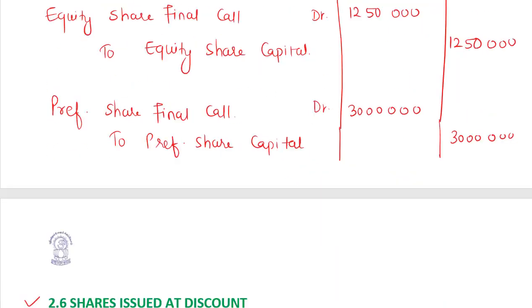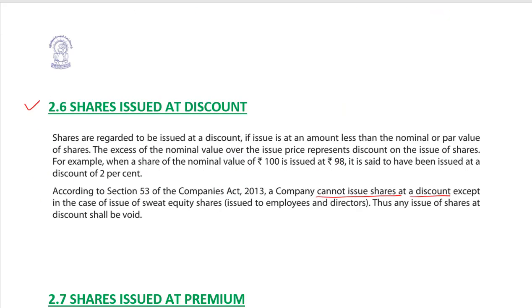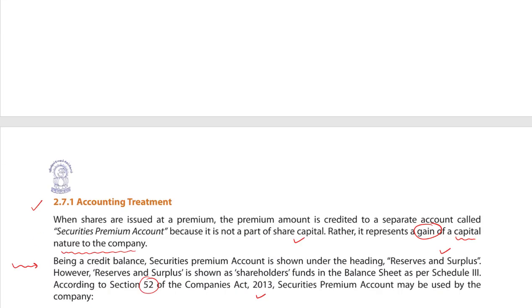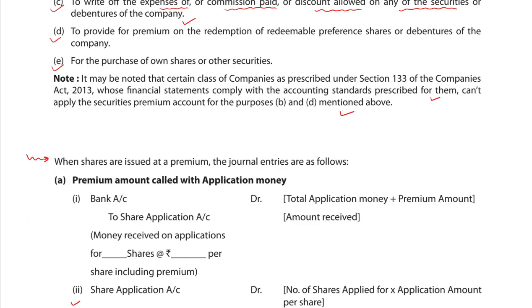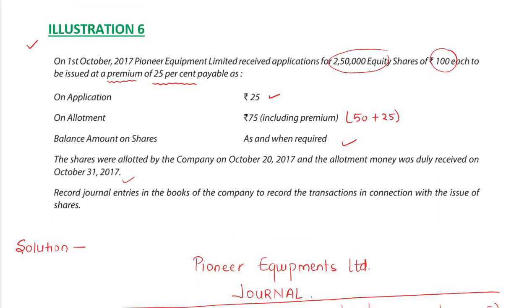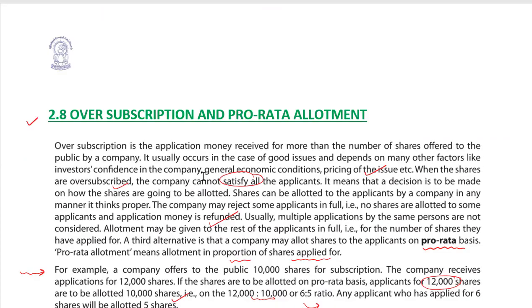Share issued at discount: we understood that shares should not be issued at discount. It is not allowed by the Companies Act. Share issued at premium is allowed. We have learned the accounting treatment of share issued at premium, how the journal entries need to be passed. Then we did illustration 6, in which there was 25 rupees premium on issue of shares, oversubscription and pro rata allotment.